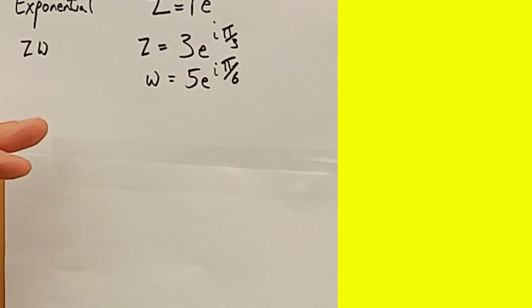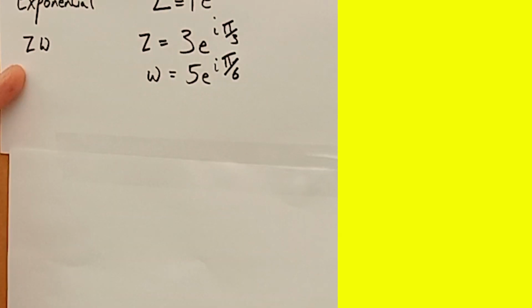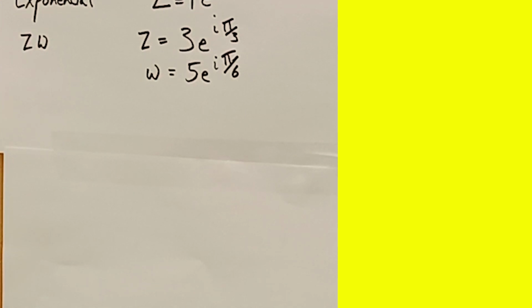And the thing you have to do is multiply these two complex numbers together. How do you do it?